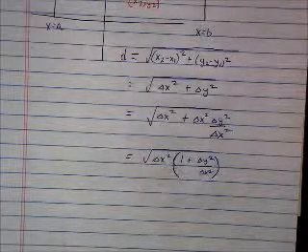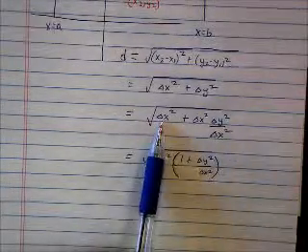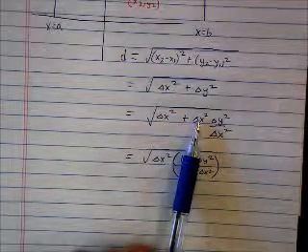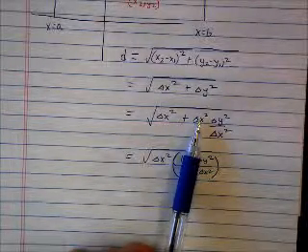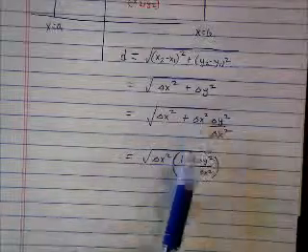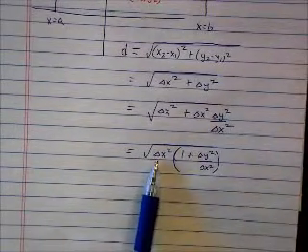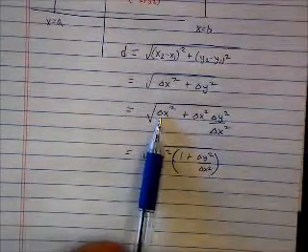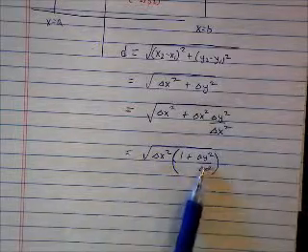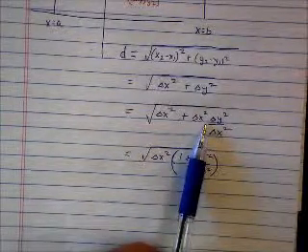I pulled out the delta x squared. I had a delta x squared there, and I had a delta x squared there. That was my common term. I simply factored it out. So I factored out the delta x squared. Delta x squared times 1 gives me the delta x squared back. Delta x squared times that fraction gives me back what I had there.